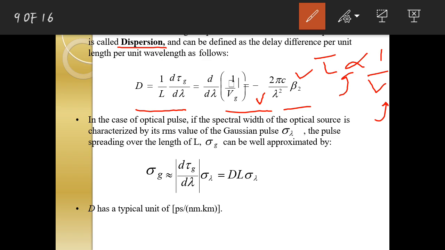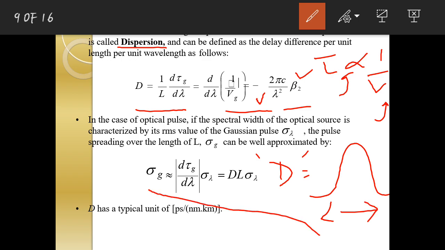Once you calculate your dispersion, we usually say dispersion is nothing but broadening of your pulse. So this pulse spread we need to calculate. Pulse spread is always defined in terms of sigma. So sigma g is called the dispersion pulse spread. That is nothing but the dispersion value calculated from the previous one, the length of the fiber, and the input pulse spectral width.